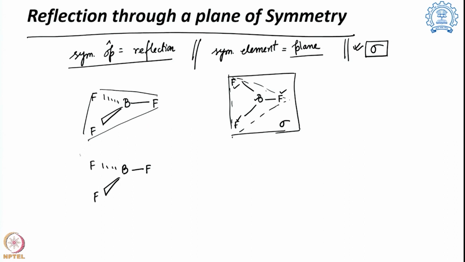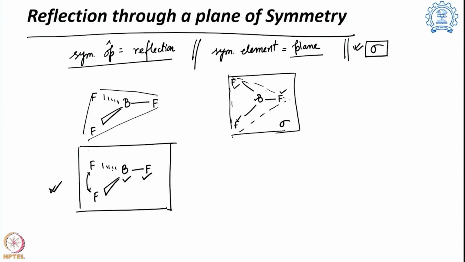And not only that, we have some other symmetry planes also. For example, in this particular orientation, this plane of symmetry, which is the plane of the paper, contains this boron and fluorine and reflects this one. So this one is up, this one is down.